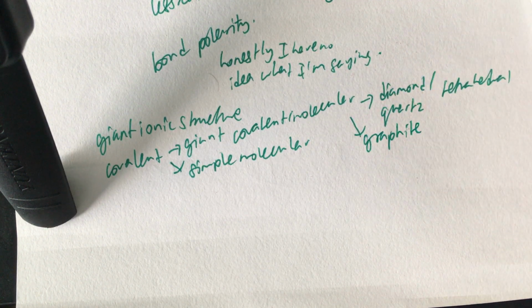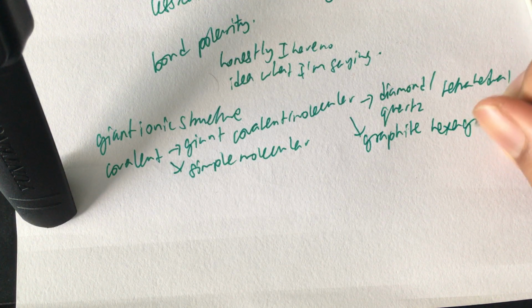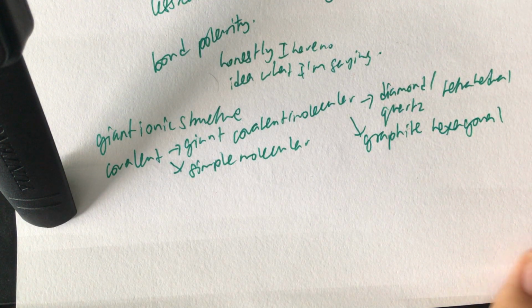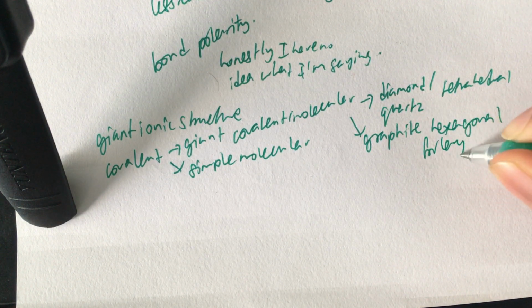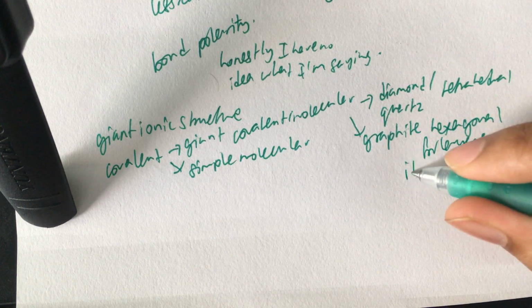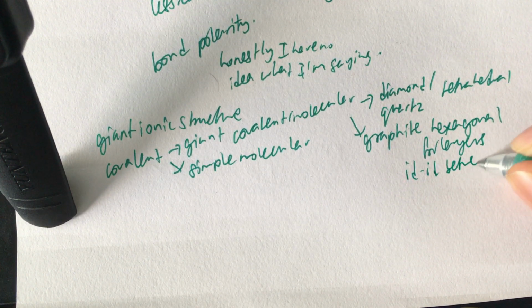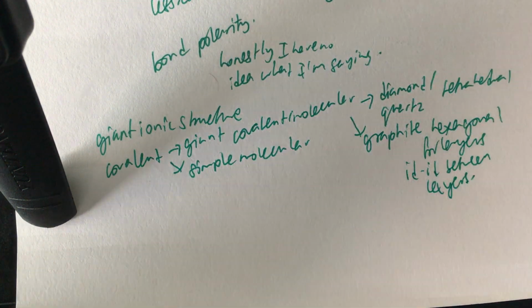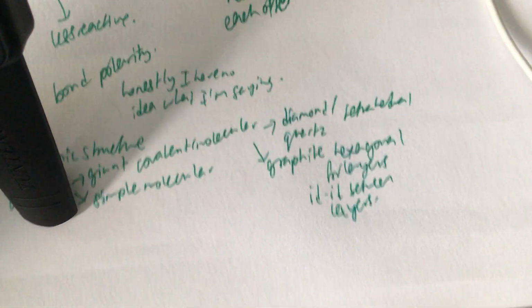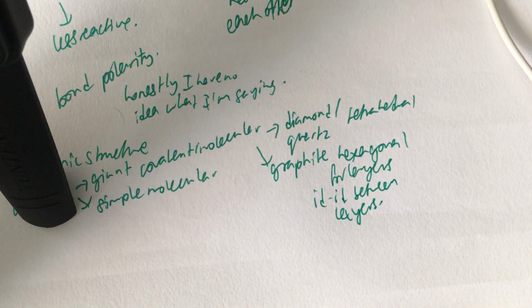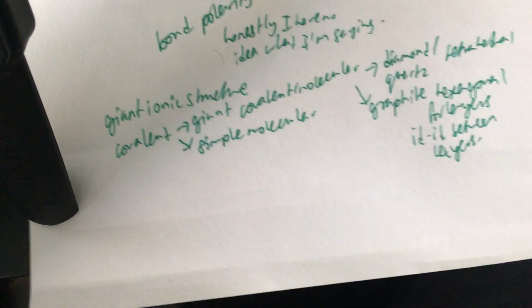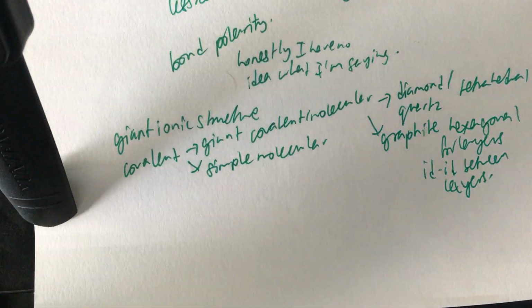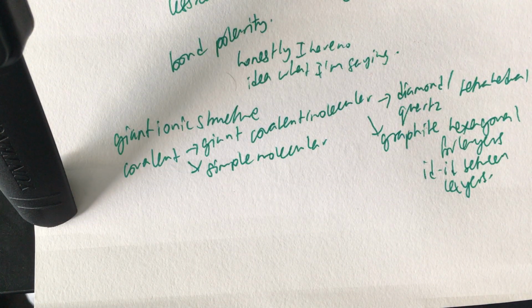The last remaining electron forms some kind of bonding between the layers, and that gives graphite its conductivity, because these are free, delocalized electrons, since the others are already bonded. This is the only free one.